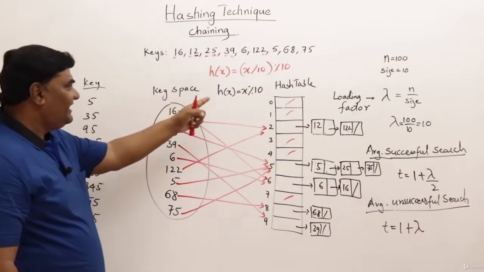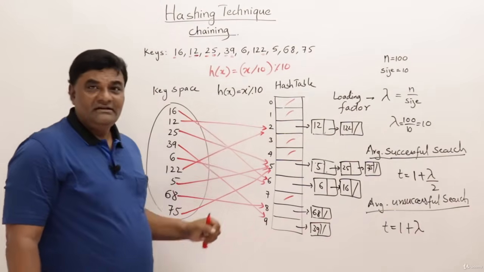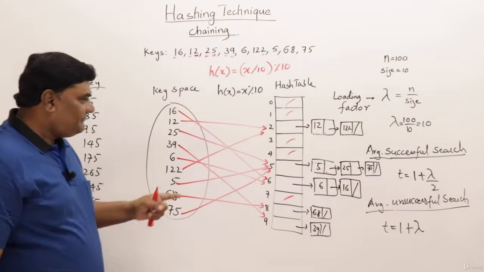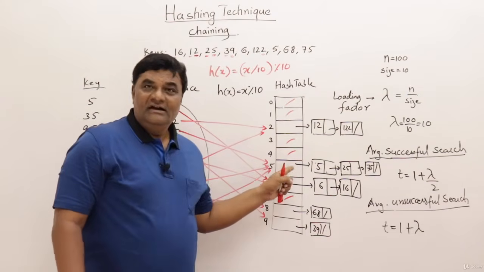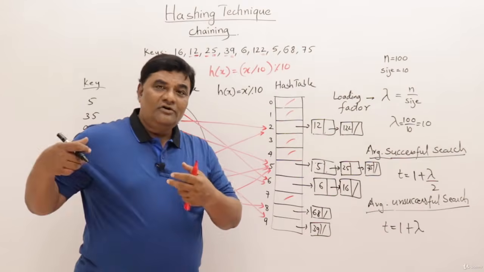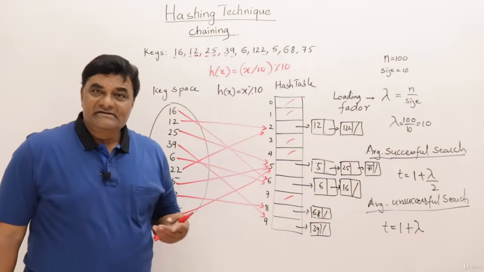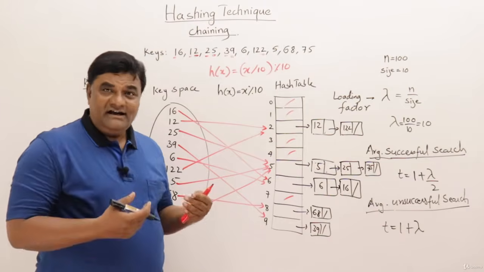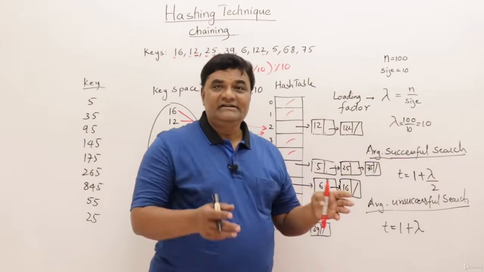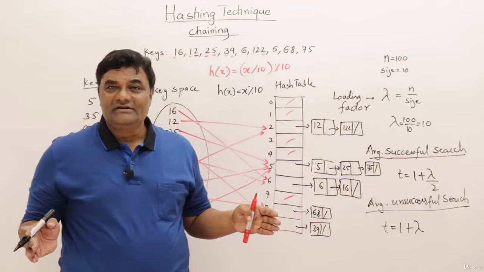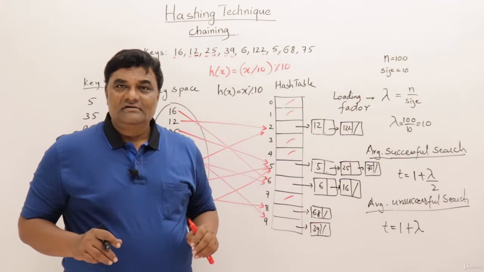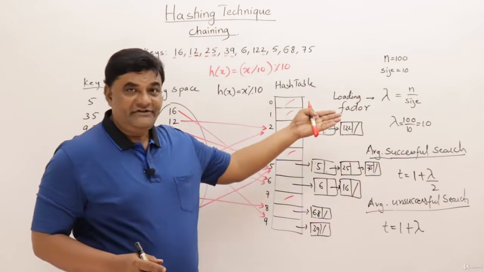If I use this hash function, mod 10, then all the keys will be mapped to the same index 5, and the chain of all the keys will be formed here only and all the others will be empty. So the idea of the loading factor, that the keys are uniformly distributed, that assumption fails.